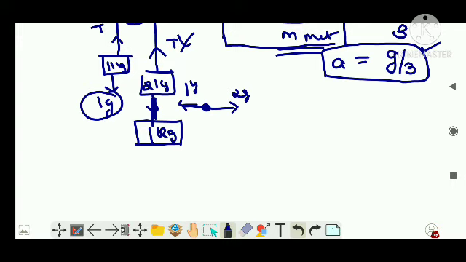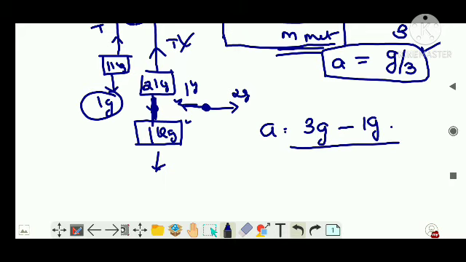Then again you can write acceleration: 2 kilogram and 1 kilogram are on one side, so it will be 3g minus 1g divided by net mass, which is 1 plus 2 plus 1, that is 4, or 2g by 4, or g by 2 as the acceleration.